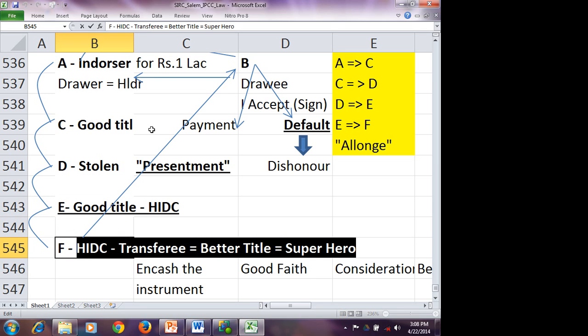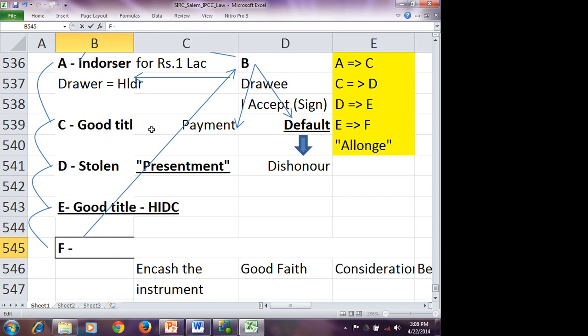F gets the instrument from E. He acquired it for a consideration before maturity, but he is aware about the defective title of D.